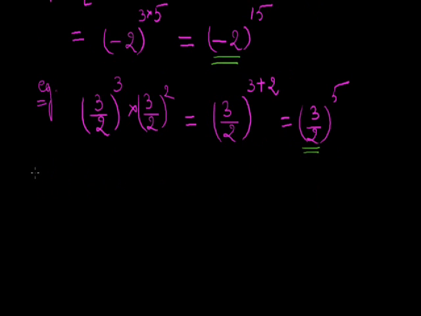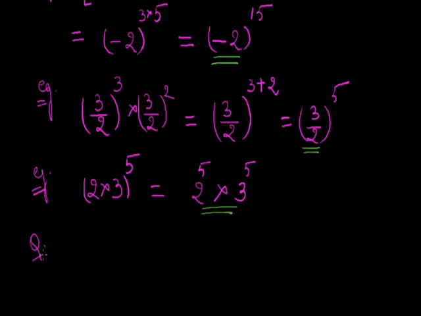Let's see another example. 2 multiplied by 3 and whole is having a common exponent. So this exponent will be given to both the terms, that is 2 raised to 5 and 3 raised to 5. If a question is asked to find out the value of a variable, then we have to use the law of exponents.